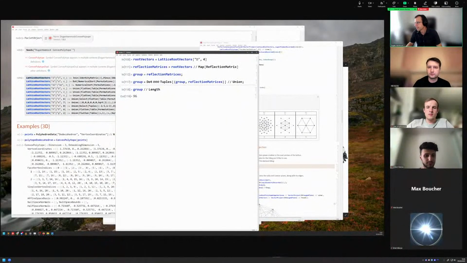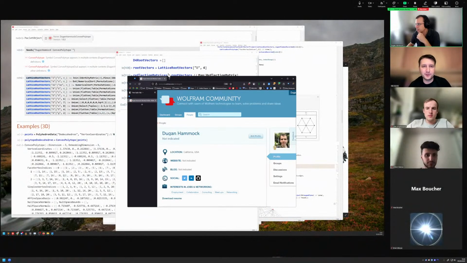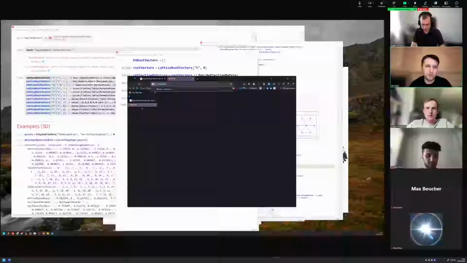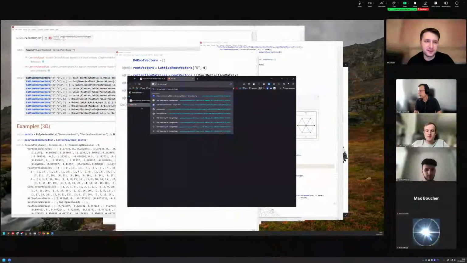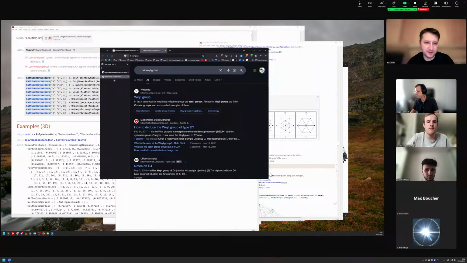So let's check if the symmetry group for D4 has 96 elements in it, which I don't know. We can ask. I think there's group data in the Wolfram language.